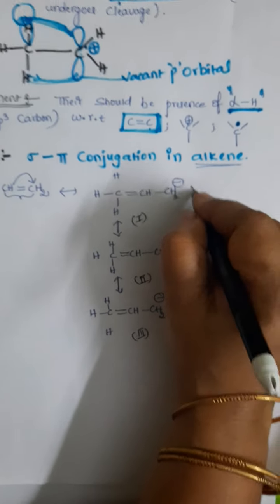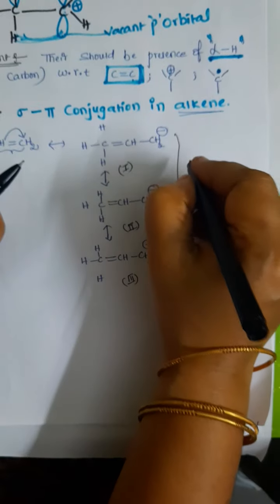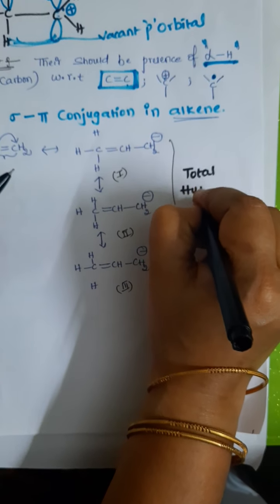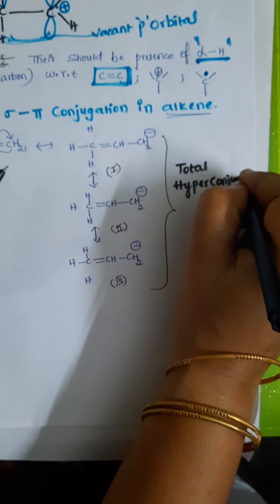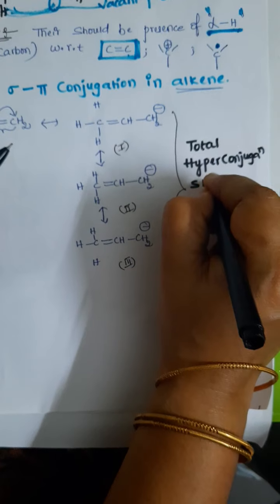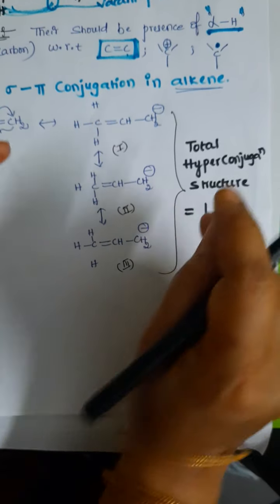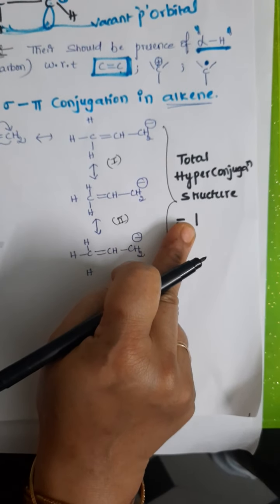Here, total hyperconjugation structures is equal to 1 plus alpha hydrogens. The 1 is the structure with respect to the original compound.